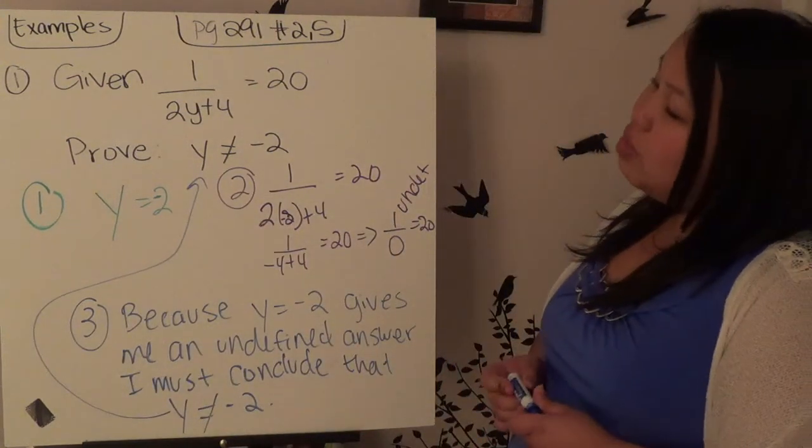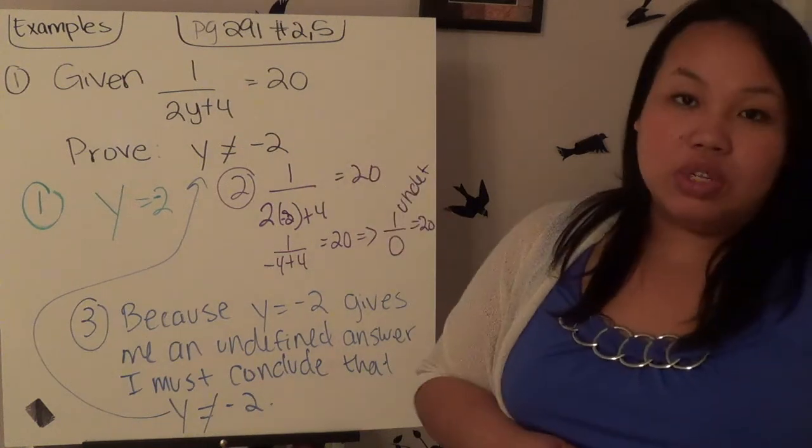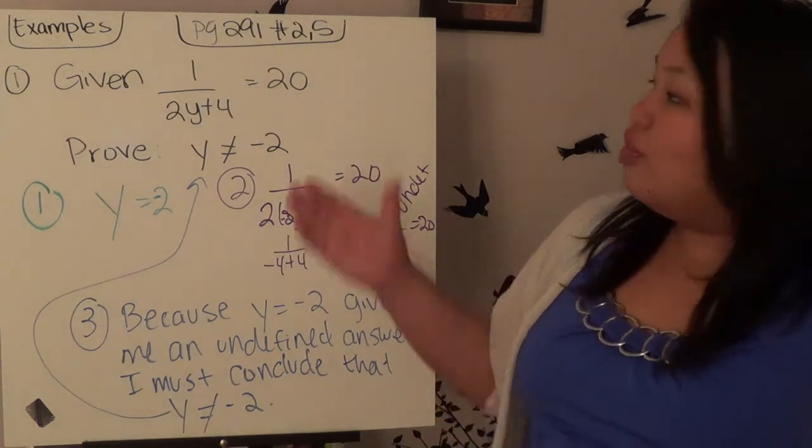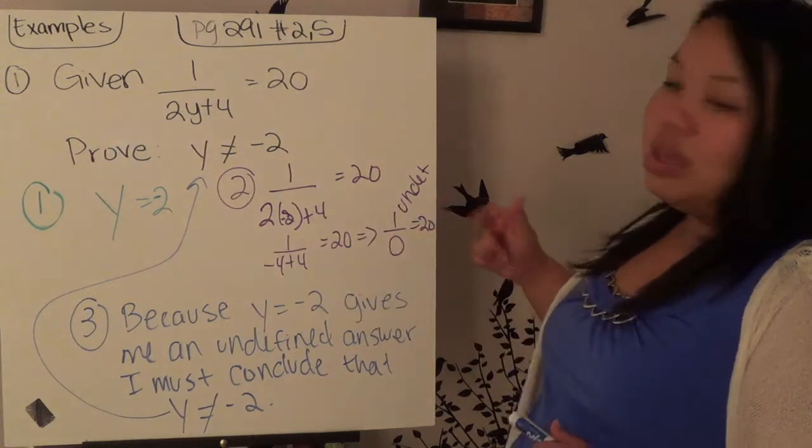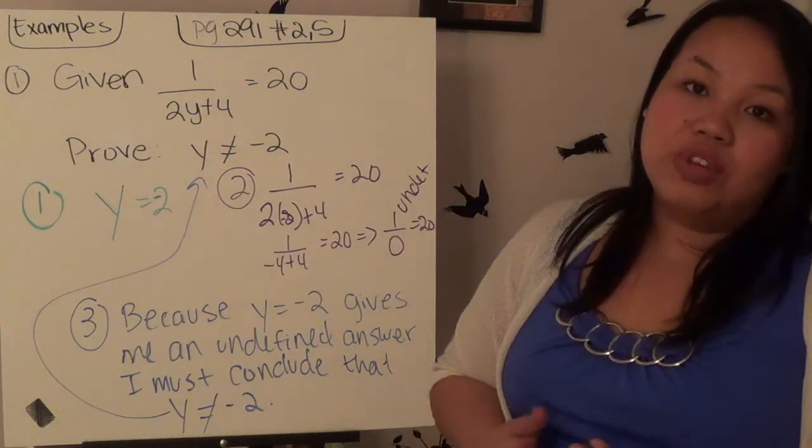So I've indirectly proven that y does not equal -2 by proving that if y equals -2, I get undefined. And that is an example of indirect proof.